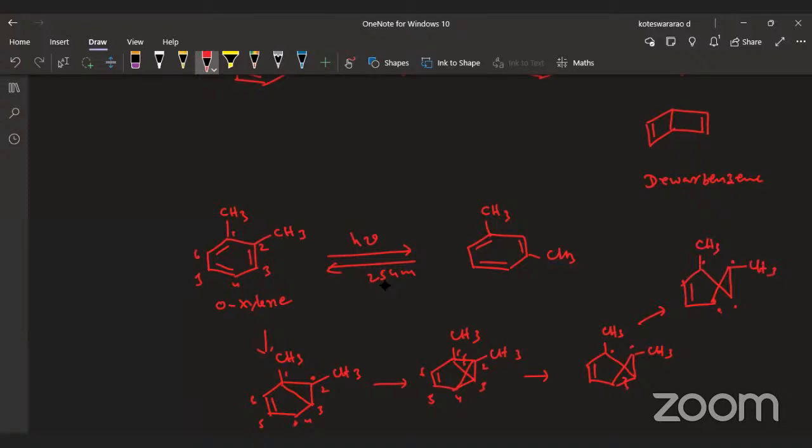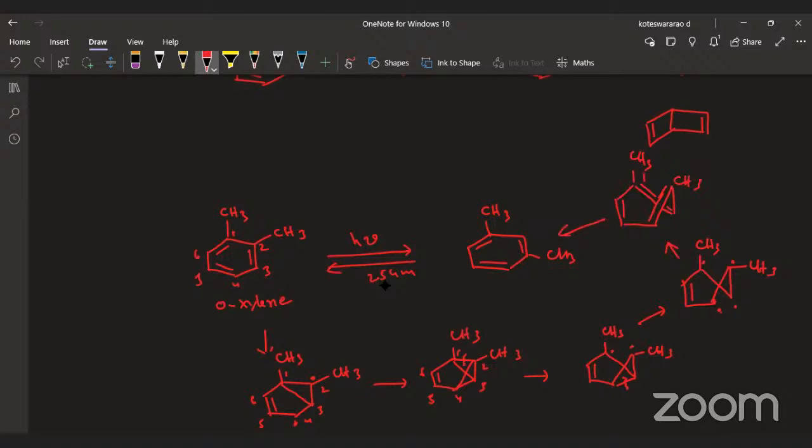That leads to the formation of a double bond here. Double bond is generated here. CH3, the CH3. Here is the double bond.